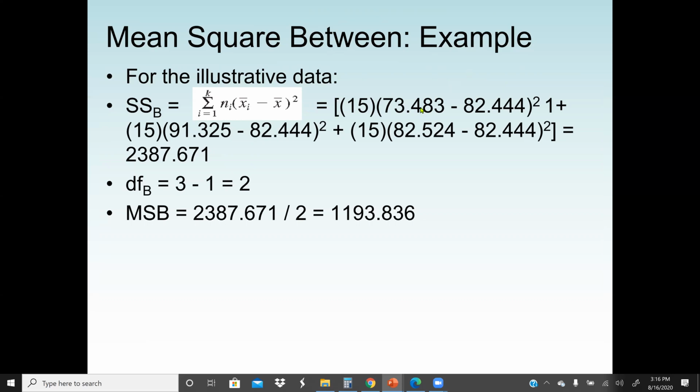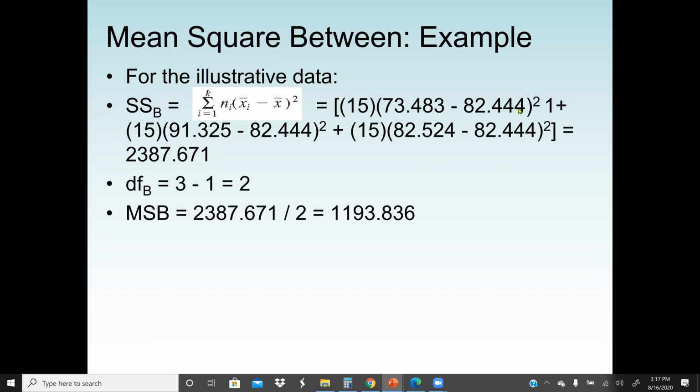So 15 times the pet mean 73.483 minus the grand mean, which is 82.444, all squared, plus the sample size times the second mean, 91.325, minus the grand mean, again 82.444, plus the sample size times 82.524 minus 82.444 squared. So we have 3 groups. We get the difference of each mean and the grand mean, then times the sample size.